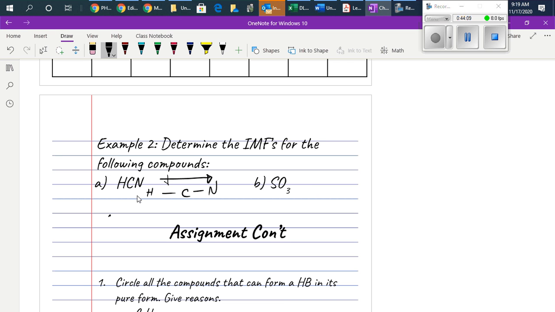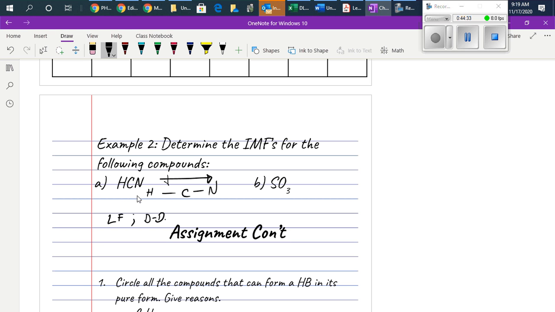So then what that means is that we will have London forces and we will have dipole forces, and since hydrogen and nitrogen are not directly bonded, then we will not have hydrogen bond here.